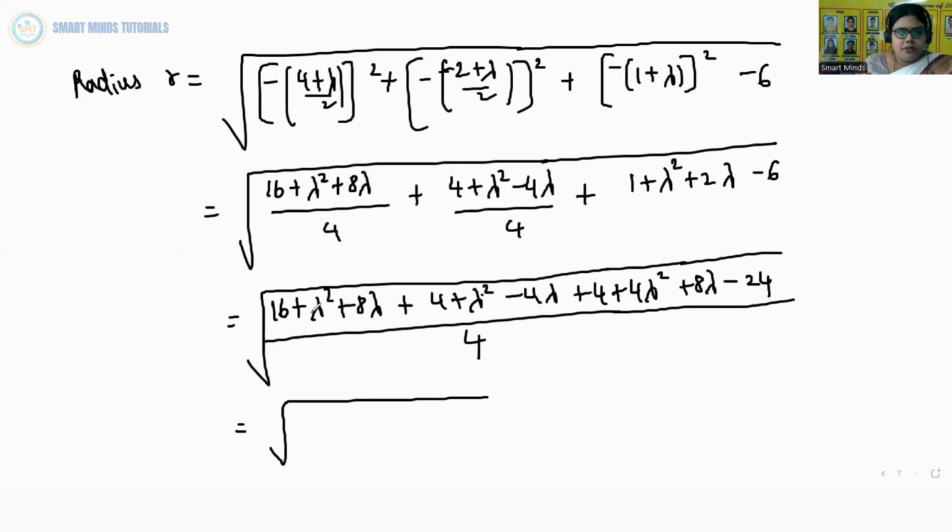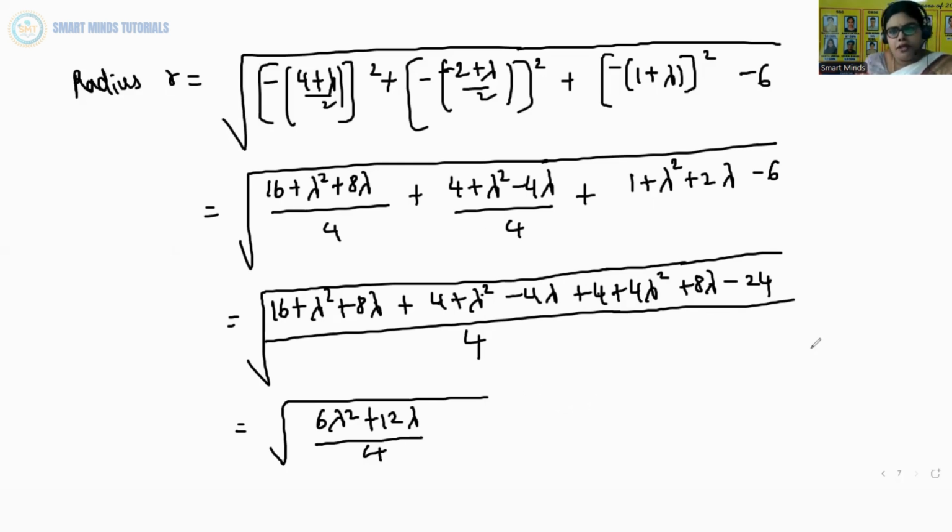Now lambda square plus lambda square is 2 lambda square. 2 lambda square plus 4 lambda square is 6 lambda square. Now 8 lambda plus 8 lambda is 16 lambda. 16 lambda minus 4 lambda is 12 lambda. Now 16 plus 4 is 20. 20 plus 4 is 24. 24 minus 24 becomes 0. So simply I can write by 4.